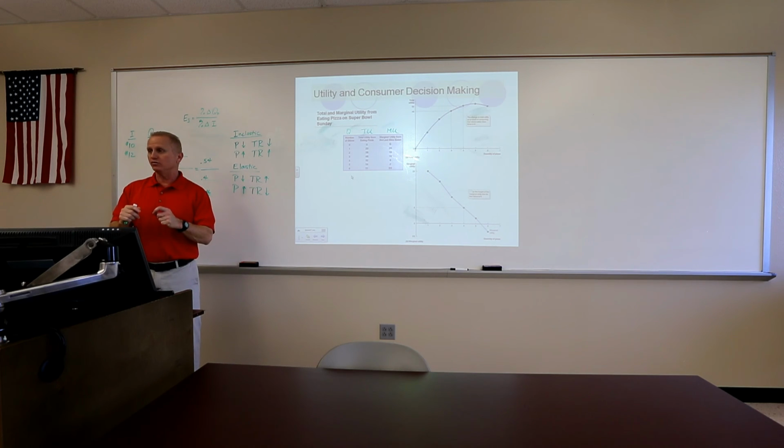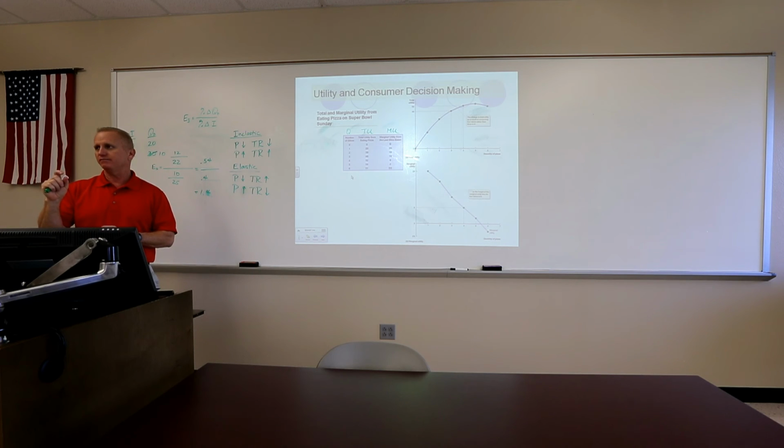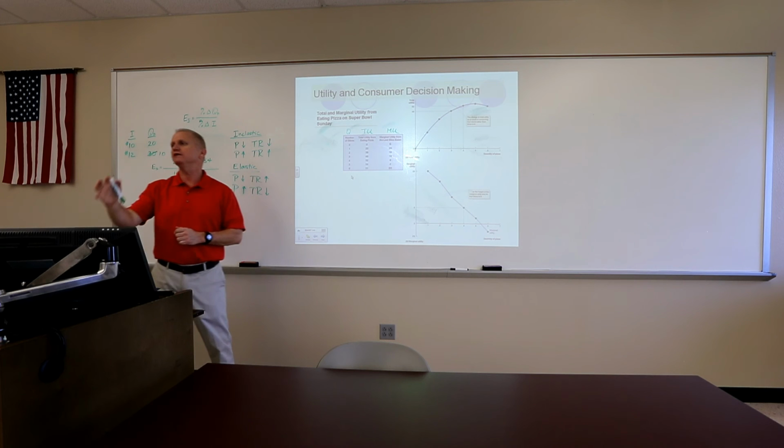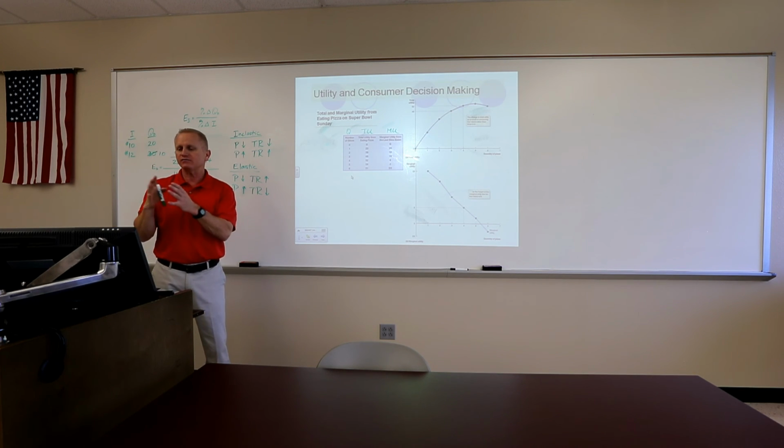They use the word utils. Just think of a unit. Economists use units of measure. How much satisfaction does a slice of pizza give you? Everybody's going to be different. Some people don't like pizza, so that wouldn't give you any satisfaction.